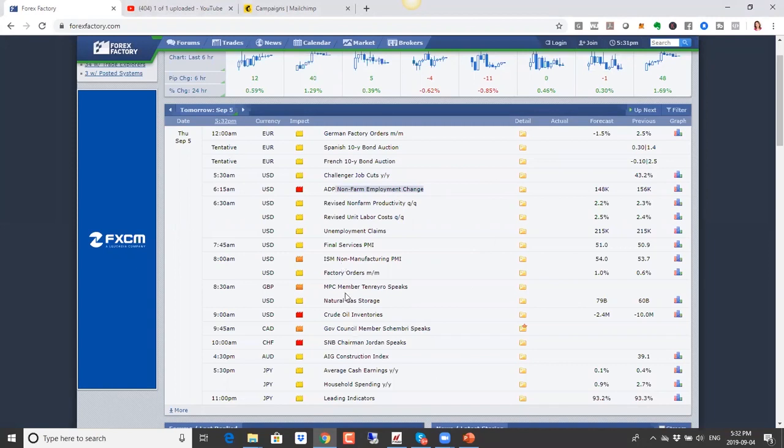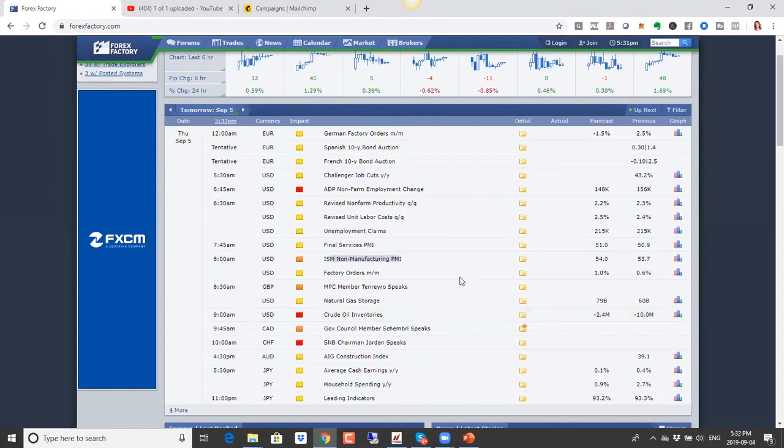And then later on in the US session, we have final services PMI number as well as the non-manufacturing PMI numbers. So these PMI numbers, like we have talked before, are precursors to our retail sales and GDP numbers. If they come in below expectations, that is negative for the US dollar.